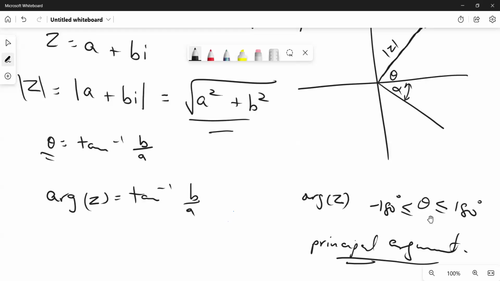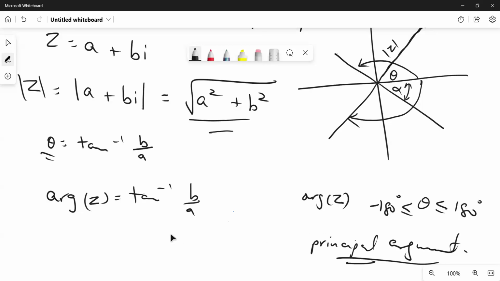Even if you have a complex number there, this angle is still less than 180. If you have a complex number over here, it's going to be greater than minus 180.